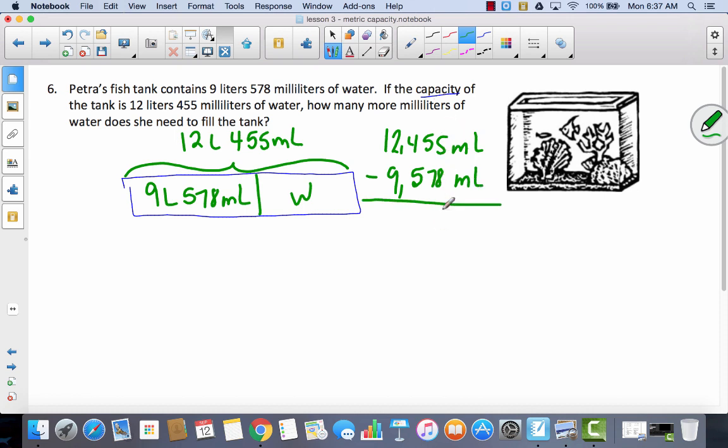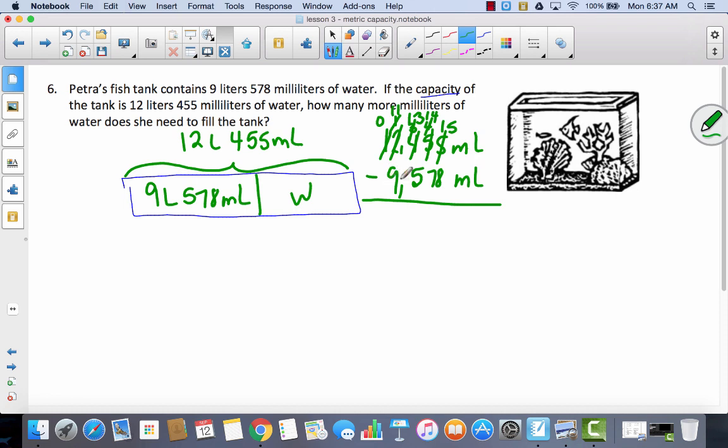So I'm not ready to subtract in the ones, so I'm going to decompose a 10, and that leaves 4 tens and 15 ones. Now I'm not ready to subtract in the tens, so I'm going to decompose 100, and that leaves 14 tens. I'm not ready to subtract in the hundreds, so I'm going to decompose 1,000. Now I have 13 hundreds, and again I cannot subtract in the thousands, so I'm going to decompose a 10,000, and that leaves 11 thousands.